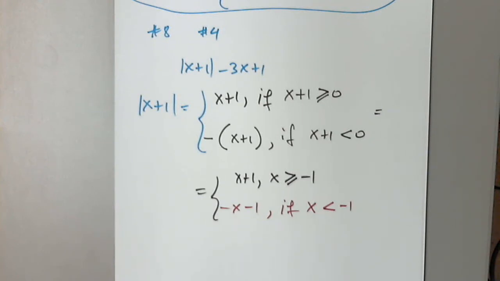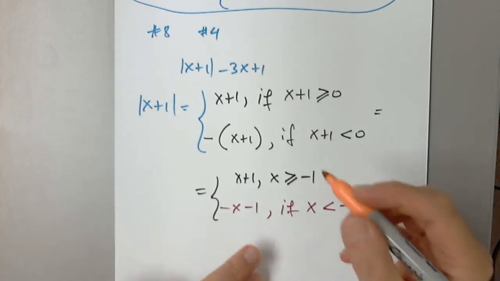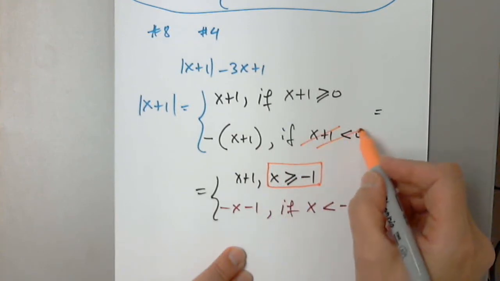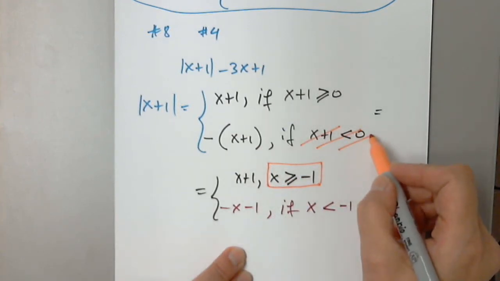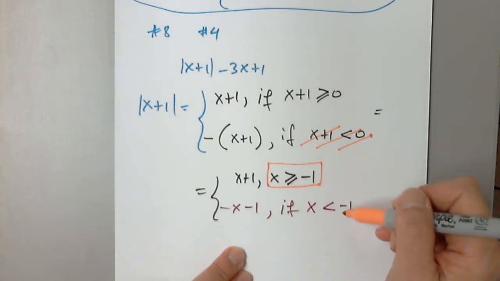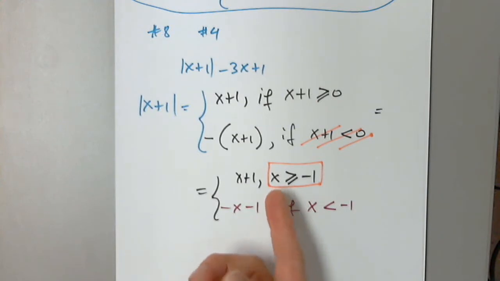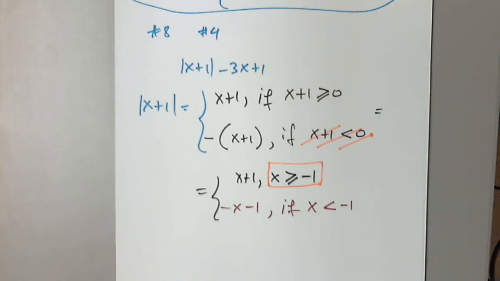One thing I would like you to notice is when you solve this inequality, you never need to solve the other one. If this is greater than or equal to negative 1, this must be the other side. If this is less than negative 1, this must be the other side. So do not waste your time trying to solve the second inequality. Once you have the first one, the opposite must be the second one.